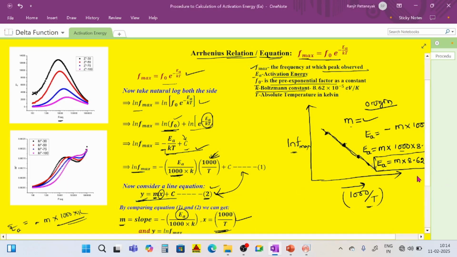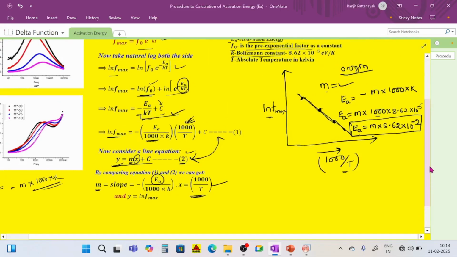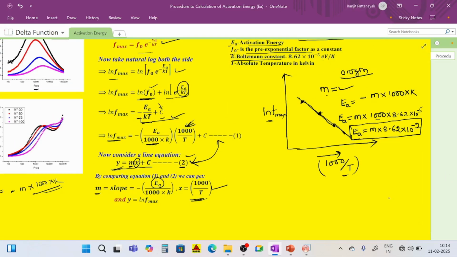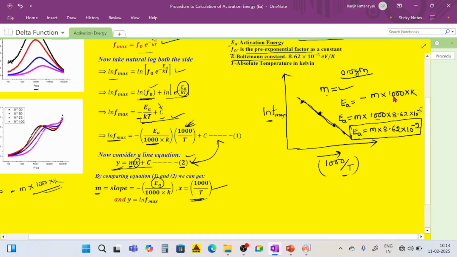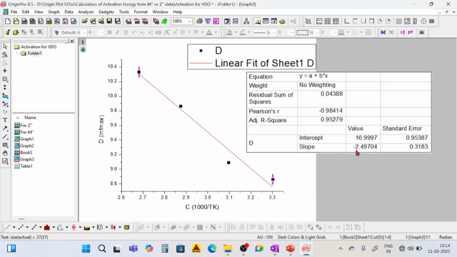See what we have to do. The activation energy, I told, this is the equation: activation energy is minus of m into 1000 into k, and here the slope you found is negative, minus 2.497.